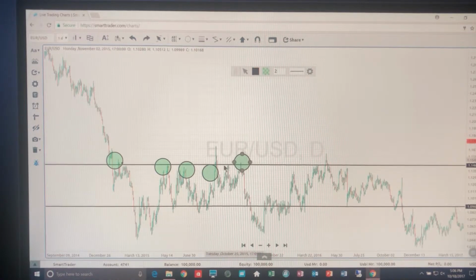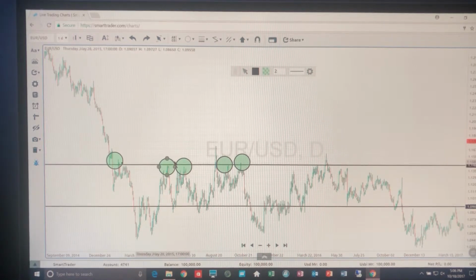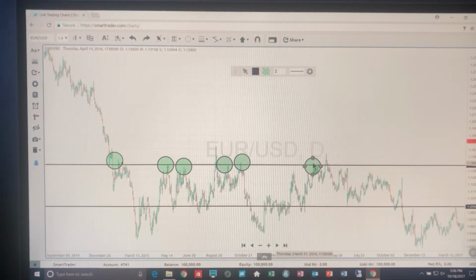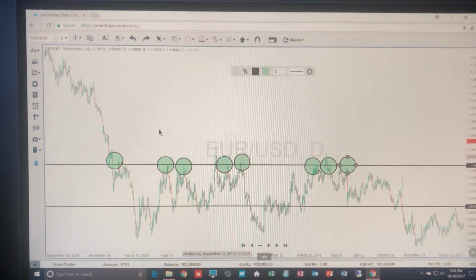See, it bounced there, it bounced there, it bounced right there, it bounced right there, and let's see the other locations. Here it bounced, came close to bouncing right there, but definitely bounced there, and came in and held right there, and came very close to bouncing right here. See, so we clearly have a pivot point line right there.